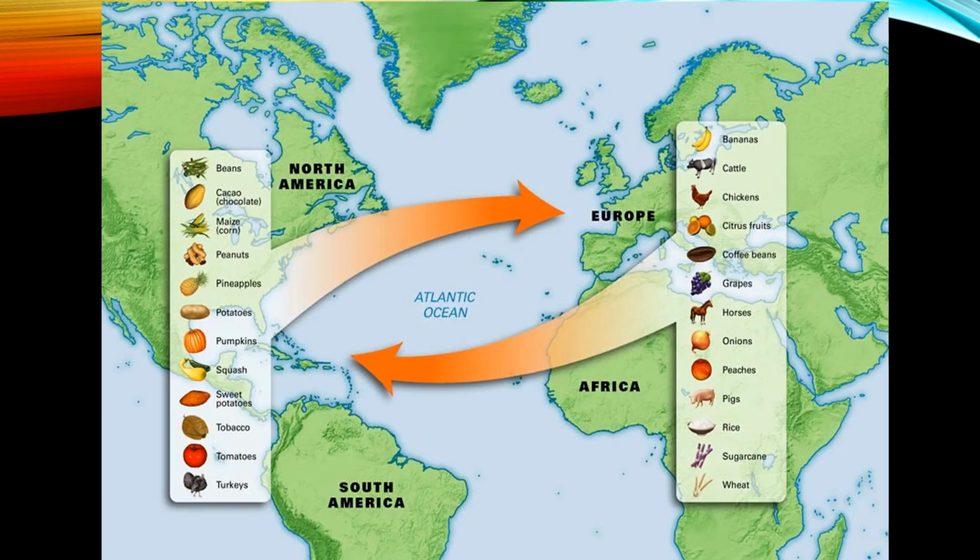Some things that came from the New World to the Old World: potatoes, pumpkins, pineapples, peanuts, corn, tobacco, which was a huge one, and turkeys. That's not so big in Europe, but turkeys are still in Europe. All of this stemmed from Christopher Columbus's first trip.